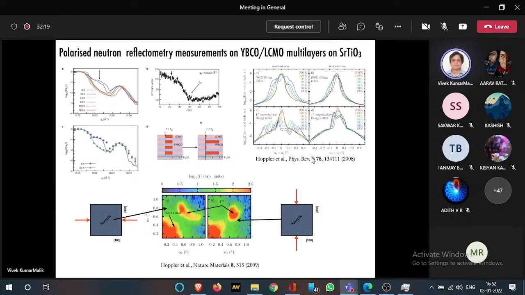So there is a modulation of the LCMO magnetization. So it is not only a magnetism effect. What is the essential takeaway from this slide? It was usually known that superconductivity is affected by magnetism, but here what we see is that magnetism can also be affected by superconductivity.